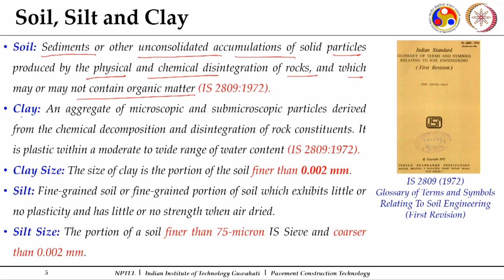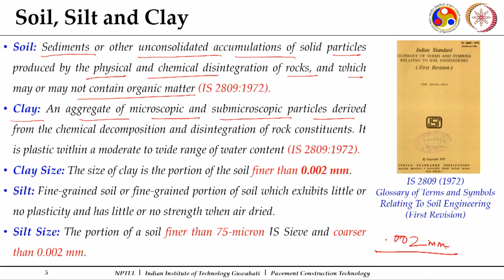Another term which is quite popular is clay soil. It is again a type of soil, but falls under the category of clay soil. What is that? Clay soil is an aggregate of microscopic and submicroscopic particles. The particles are very fine, finer than 2 microns, which is 0.002 mm.